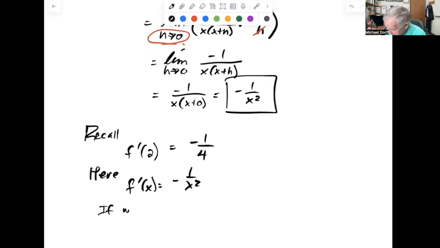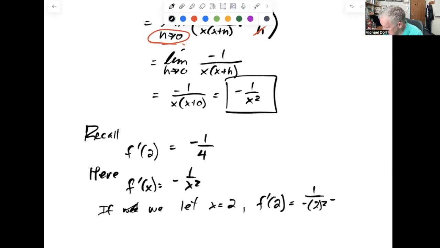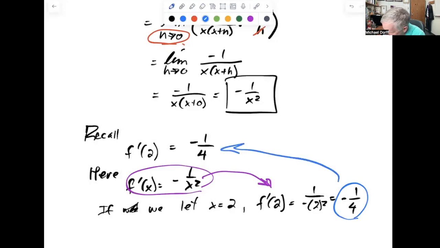If we let x equal 2, then we have here the same thing. So I'm using this right here. And then my answer here is the same as this.